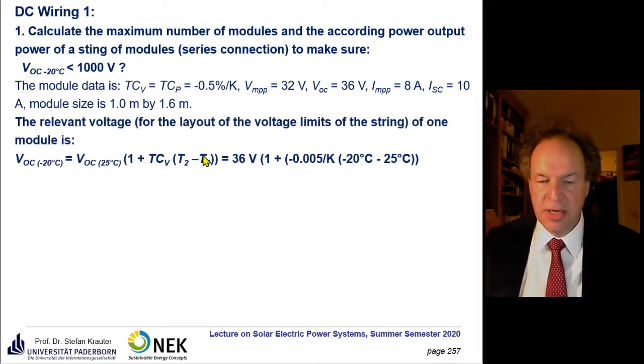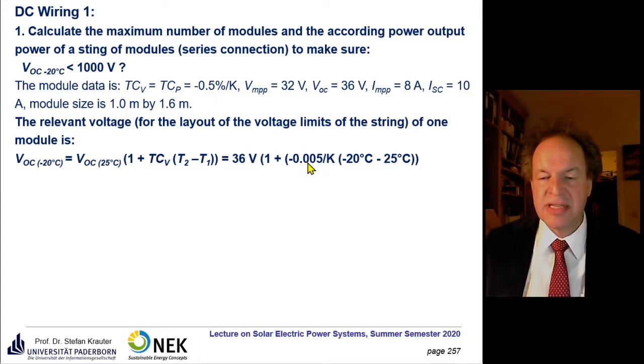So we do this here. This is our formula. So this is the temperature coefficient times the temperature difference. T2 minus T1 is minus 20 degrees minus 25 degrees, so minus 45 degrees. The temperature coefficient as given here is minus 0.5% per Kelvin or minus 0.005 per Kelvin.